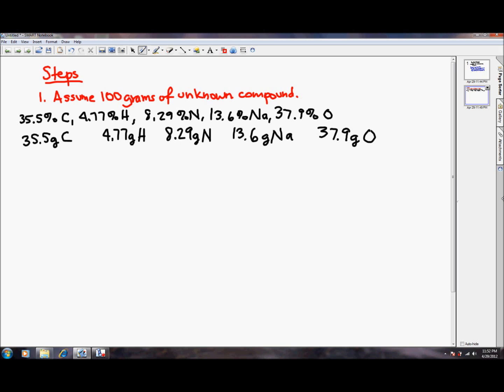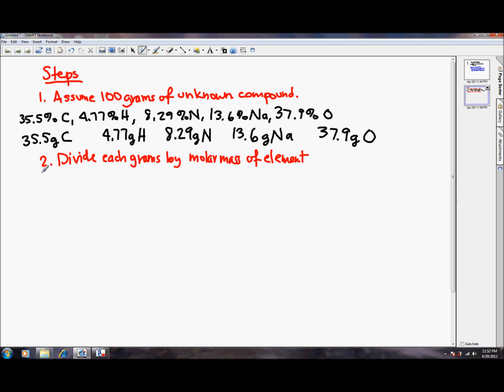Alright, the next thing we're going to do is divide each of the grams by the molar mass of the element. Okay, so we got carbon, hydrogen, nitrogen, sodium, and oxygen.